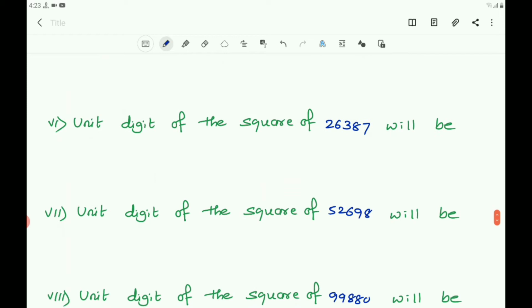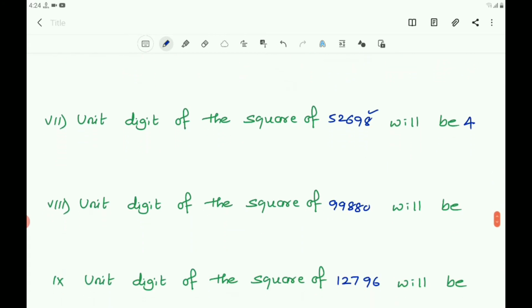Next, sixth one, the unit digit of the square of 26,387 will be 9, because if the unit digit is 7, in its square the unit digit will be 9. Next, the unit digit of the square of 52,698. Here the unit digit is 8. In its square, the unit digit will be 4. The unit digit of the square of 52,698 will be 4.